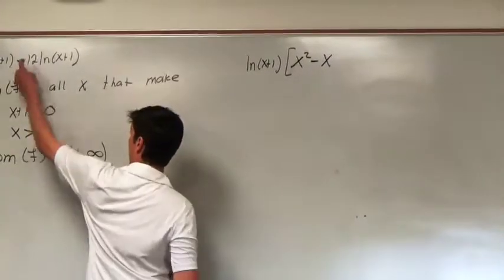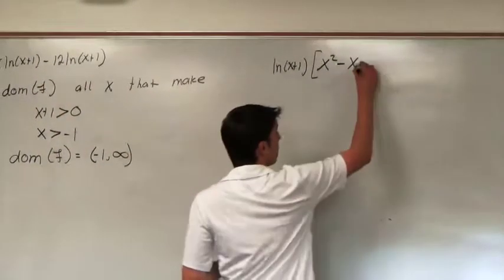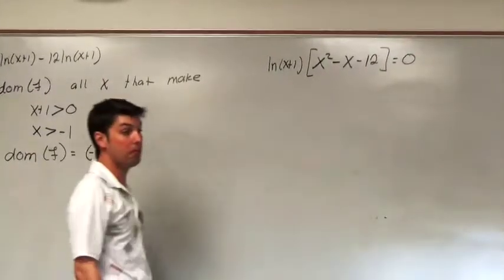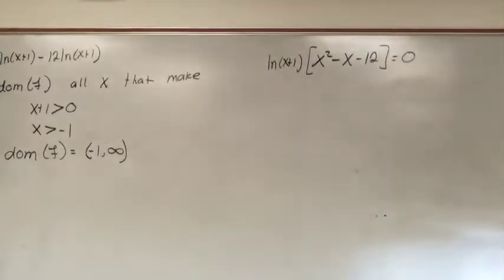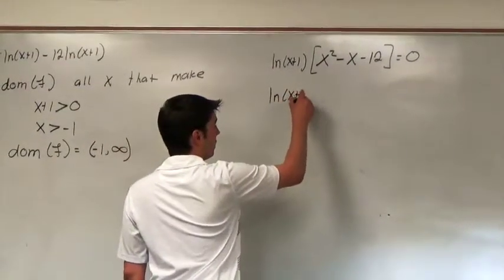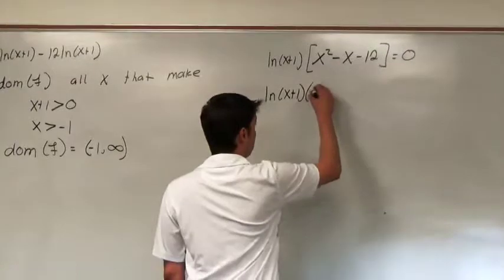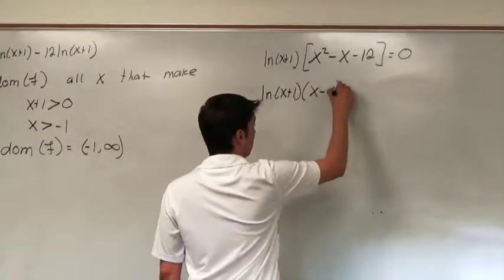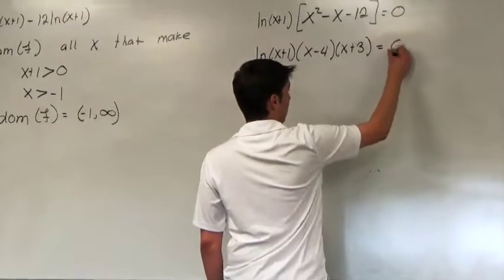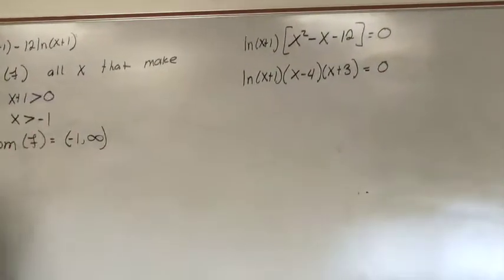And if we take the log out of the third term, a minus 12. We care where this is 0. Factor the quadratic and set it to 0.